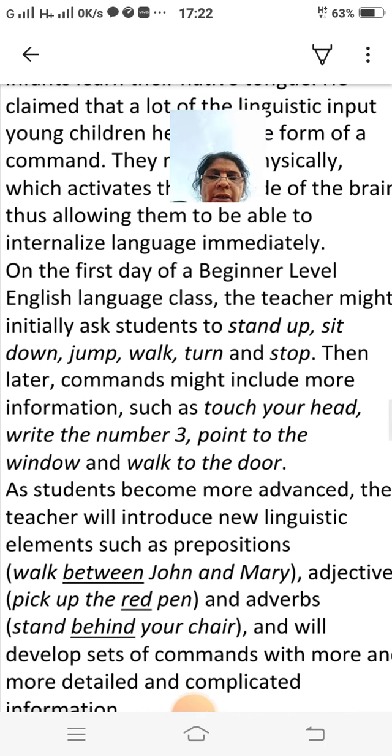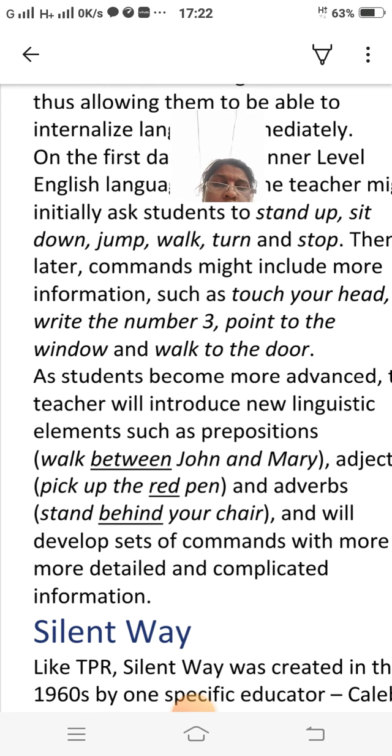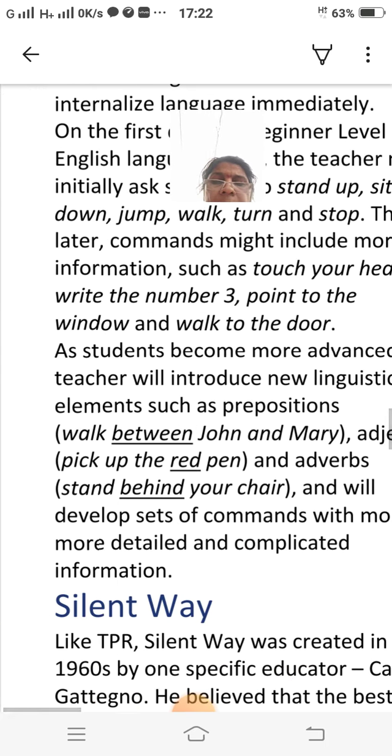As a student becomes more advanced, the teacher will introduce new linguistic elements such as prepositions, walk between John and Mary; adjectives, pick up the red pen; and adverbs, stand behind your chair, and will develop sets of commands with more and more detailed and complicated information.